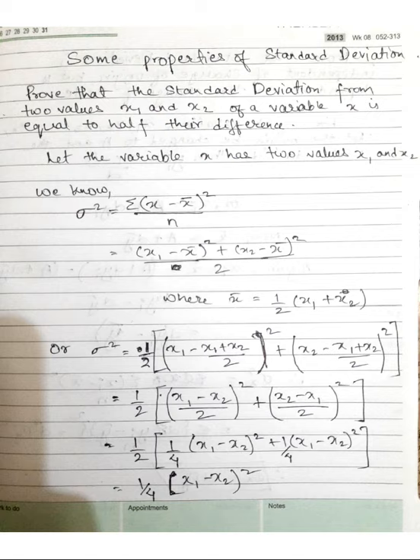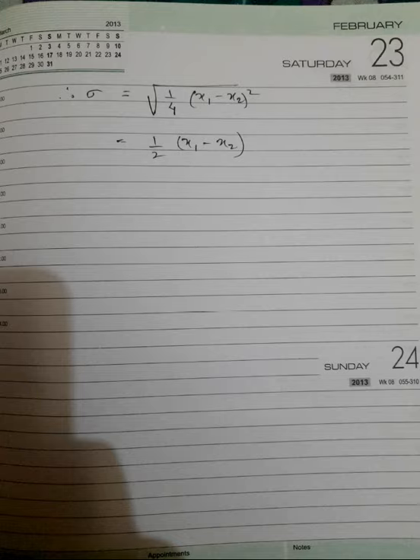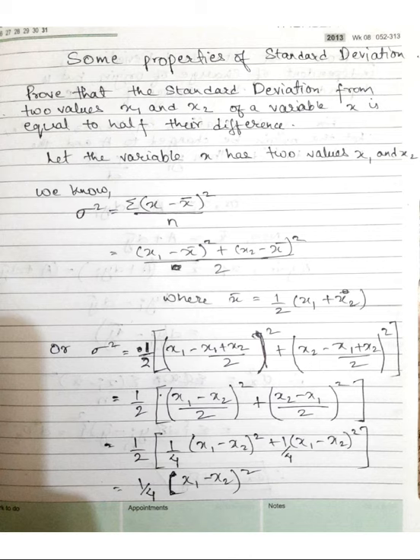So since this and this are same, we can add these two together and get 2 by 4 into x1 minus x2 whole square. So 2 by 4 is equal to 1 by 2. 1 by 2 into 1 by 2 will become 1 by 4 into x1 minus x2 whole square. Now this value is for the variance or sigma square.